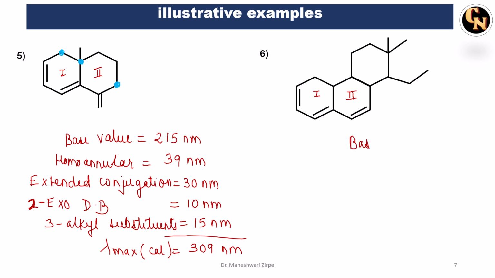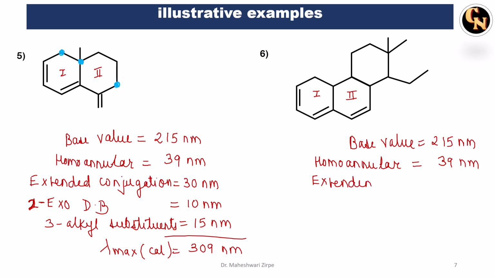Base value is 215 nanometer. Okay, then similarly a homoannular ring system is there, so we will add 39 to it. Then extended conjugation, how much do we add?